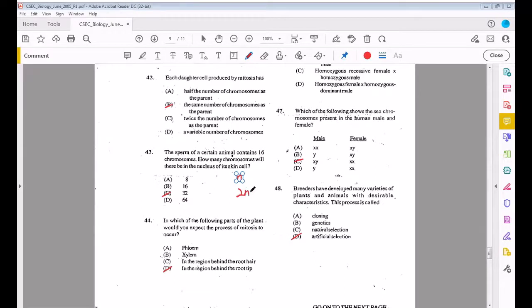In this case, N is 16. So in the skin cell where it's diploid, it would be 2N, 2 by 16, which is C, 32.